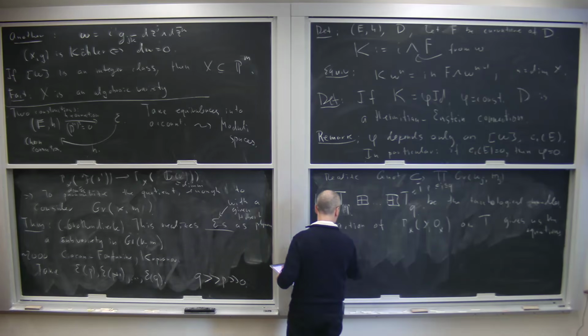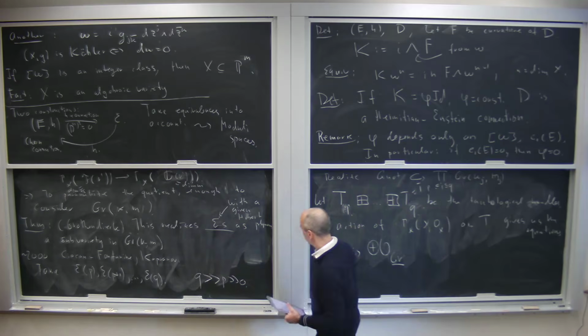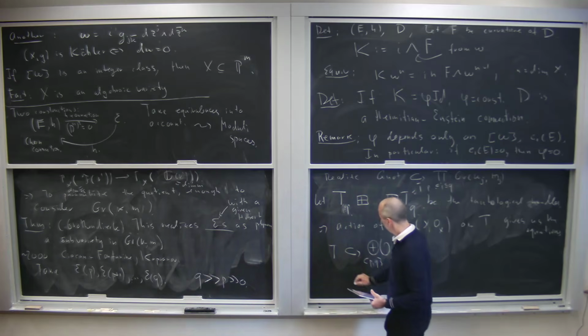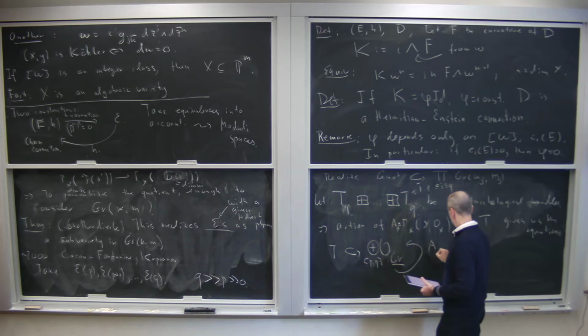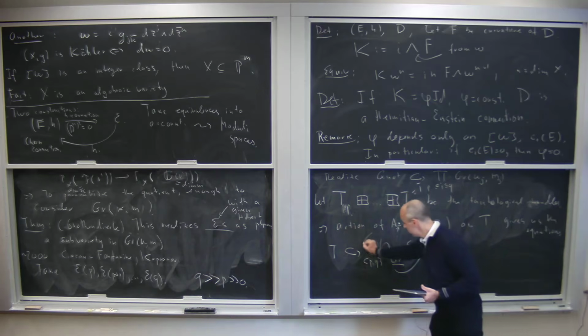So T sits inside the trivial bundle, which is the Grassmannian. And here I have the sum from P to Q. And now here we have an action of this A, the homogeneous ring of polynomials on this part.